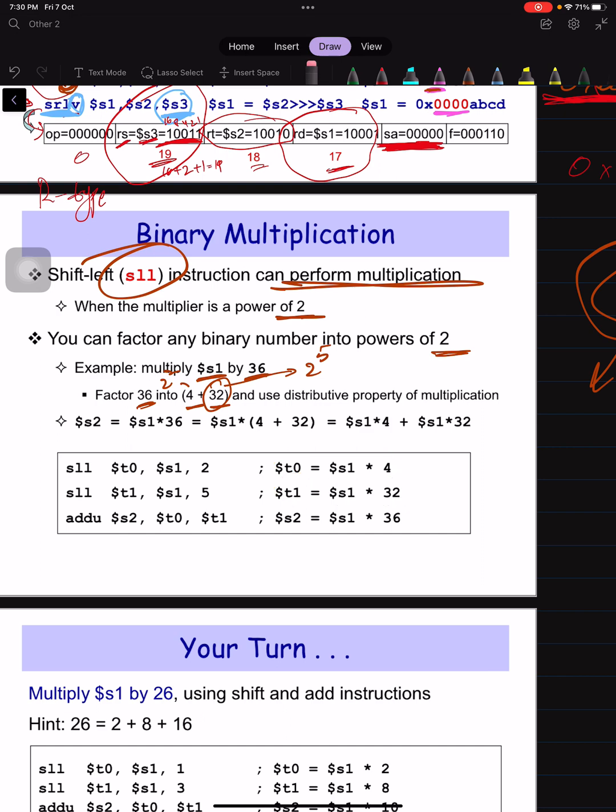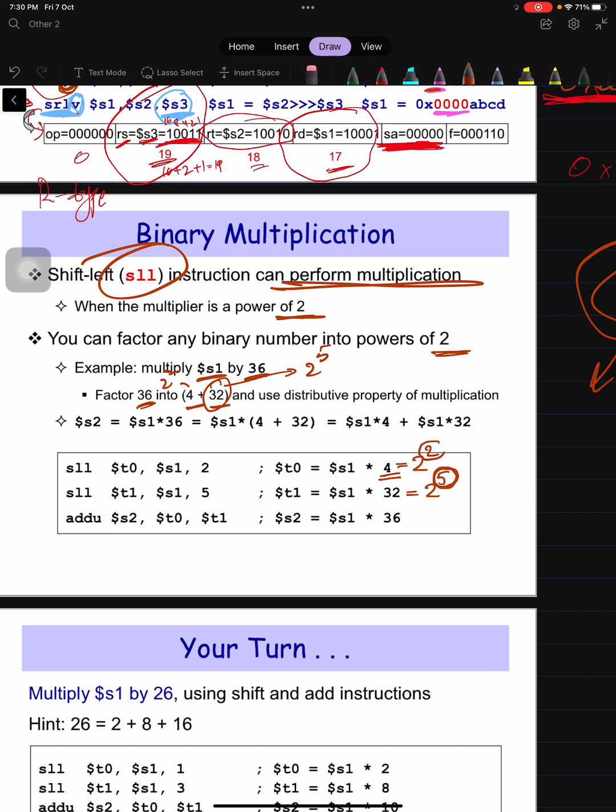Let's proceed. First of all, if we want to multiply something by 4, we shift it to the left 2 times. Why? Because 4 is 2 to the power of 2. And if we want to multiply a number by 32, we shift it to the left, 2 to the power of 5. This guy we shift by the power itself, which is 5 in here.